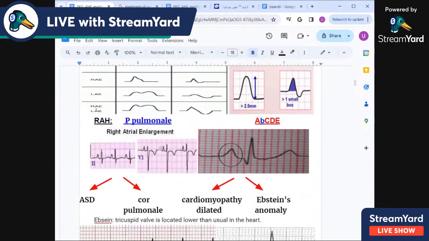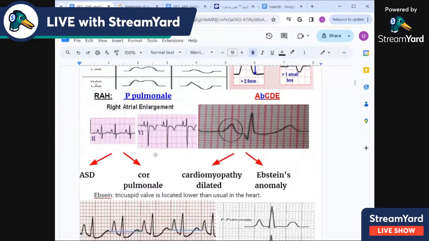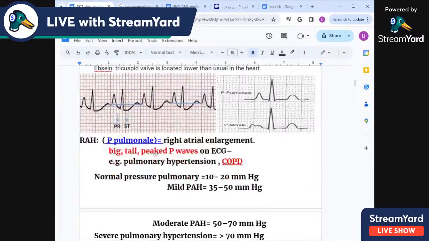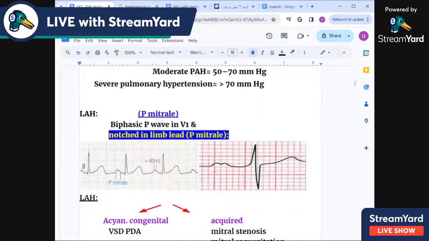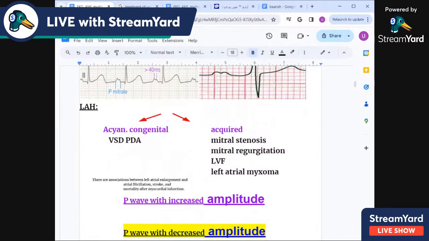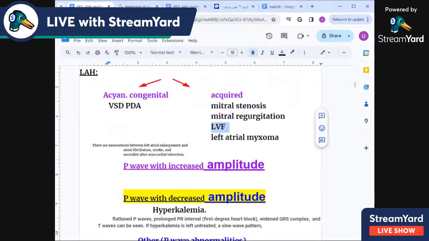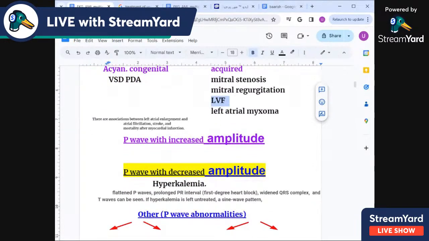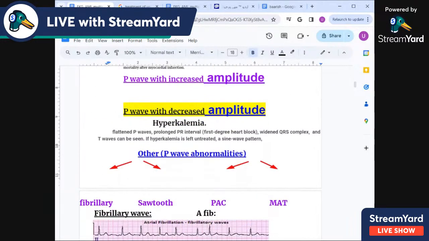The P pulmonale causes were ASD, atrial septal defect, cor pulmonale, dilated cardiomyopathy, and Ebstein anomaly. Whereas in left atrial hypertrophy, in congenital conditions, we have VSD, PDA, the remaining acyanotic conditions, and in acquired conditions, we had mitral stenosis, mitral regurgitation, left ventricular failure, and left atrial myxoma. And in P wave with increased amplitude, we had hypokalemia, and with decreased amplitude, we had hyperkalemia.